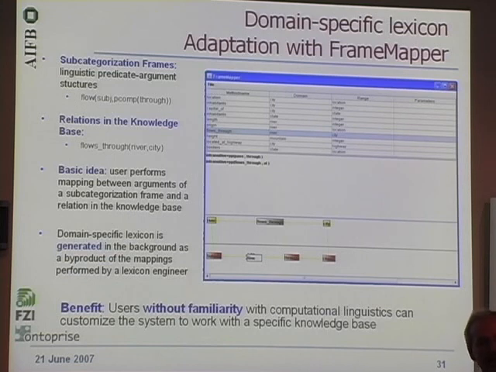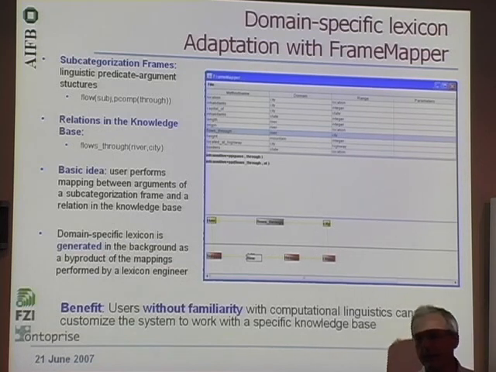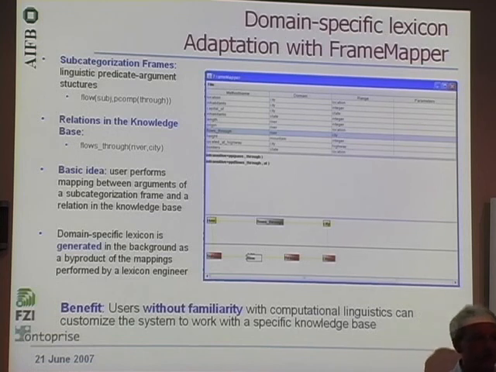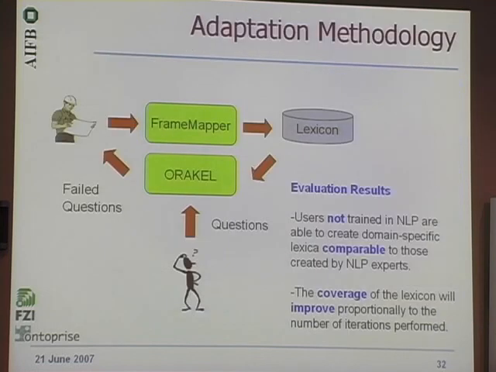By having that rather simple interface available, our experience is that users who just have some basic knowledge about these linguistic elements are really able to come up with these mappings and therefore generate that lexicon in the background. Clearly, you would assume that someone having 5 years of experience and a PhD in that area will come up with better structures for your lexicon.